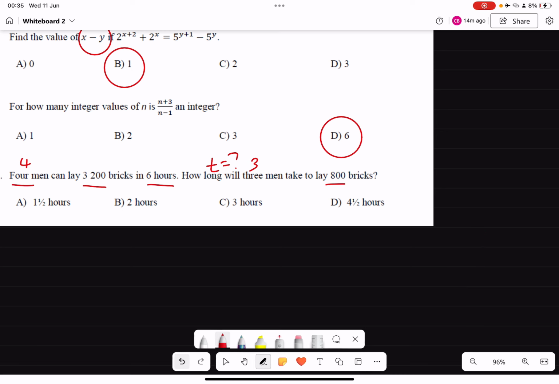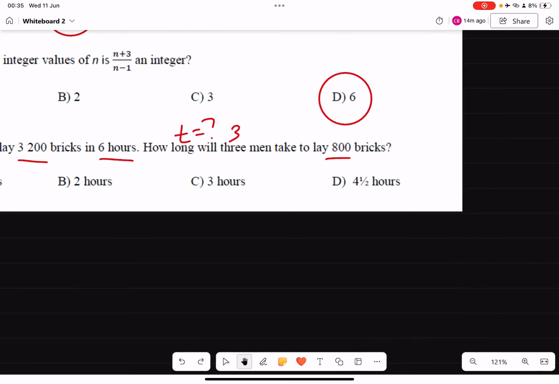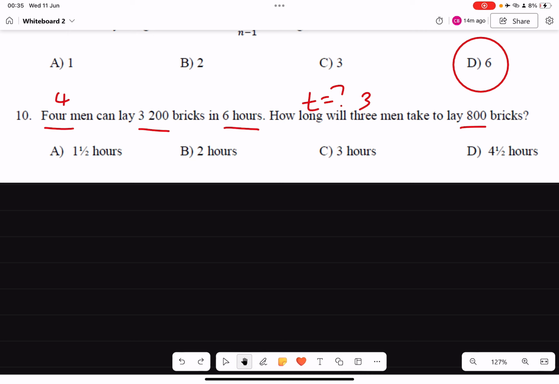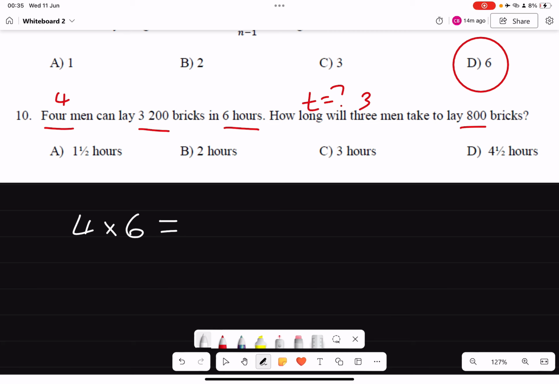We know that there were 4 men who worked for 6 hours in total, which means there were 24 man hours, because each man worked 6 hours. Remember, we assume they are working at the same rate. So the total hours put in to lay the bricks is 24.